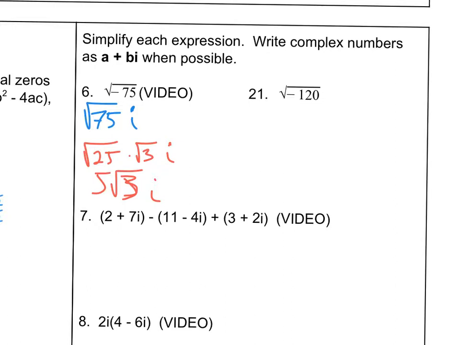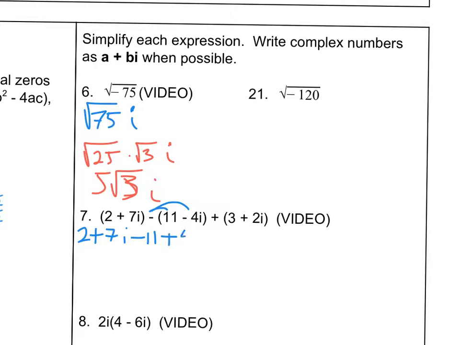For number 7, we've got some combining of like terms. I'm going to do this one all horizontal just to break things up a little bit. So first thing I might do is to get rid of all my parentheses and just rewrite this as 2 plus 7i minus 11. I've got to distribute this negative. That's really why I'm doing it this way.